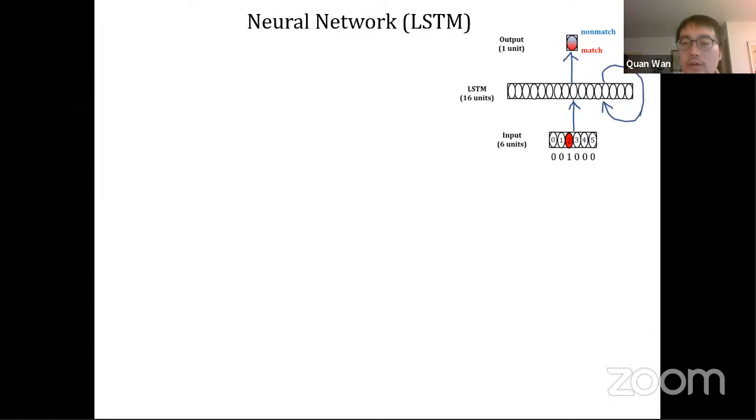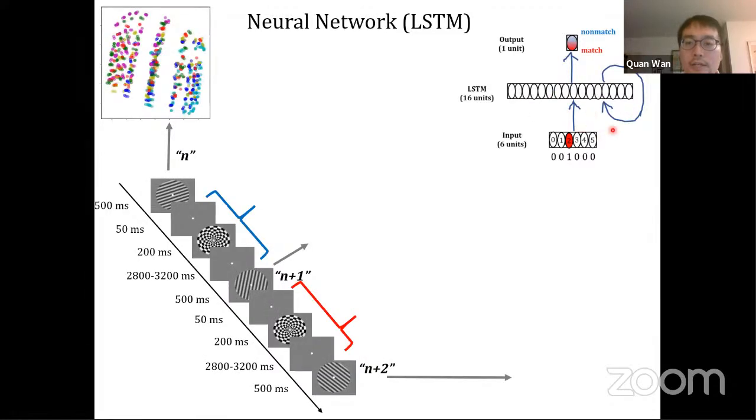To look at the internal representation of the network, we did a PCA on the activity patterns in the LSTM layer and projected them onto the first 2 PC dimensions and mapped them back onto this two-back time course, which we call a trial. The network is run on many trials. Here, each dot is a stimulus representation within a single trial at this time point, and the color always indicates N, or Jim's identity.